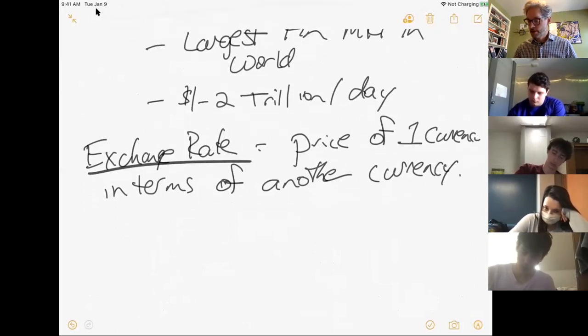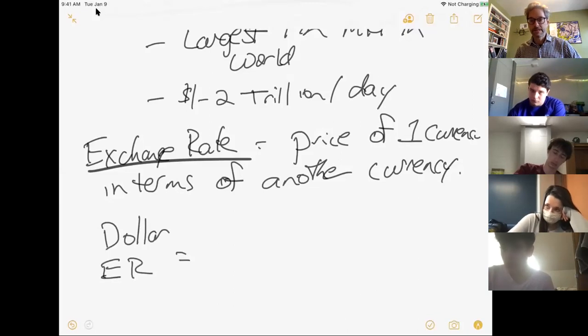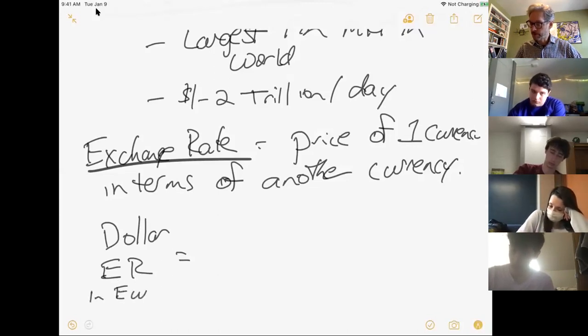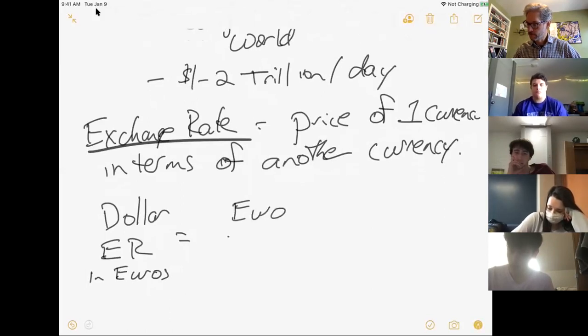So for instance, if we were talking about the dollar exchange rate, what is the dollar exchange rate? Well, there are multiple exchange rates, but if we were doing it in terms of euros, that would be the dollar exchange rate, the number of euros you get per dollar.